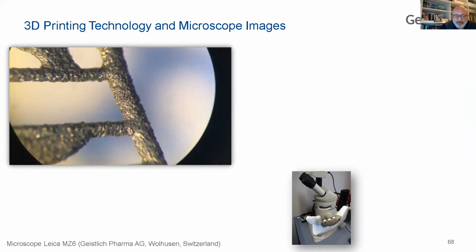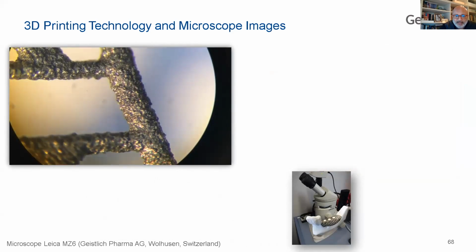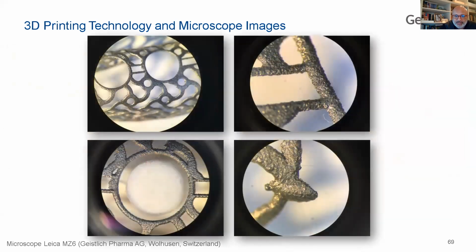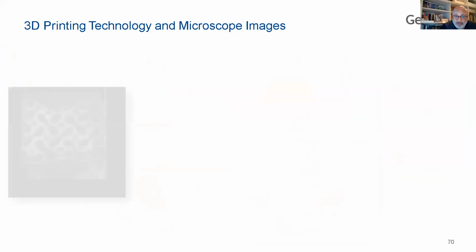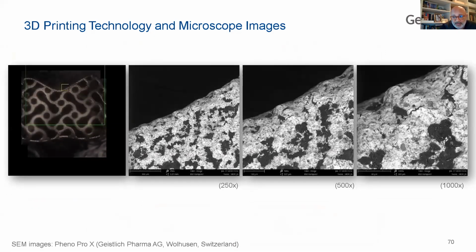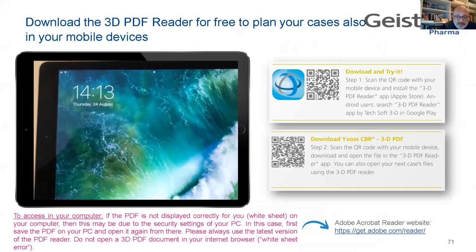There's a microscopic view after the sintering process. That is the mesh itself, and there are more magnified views of it, showing the mesh at different magnifications.